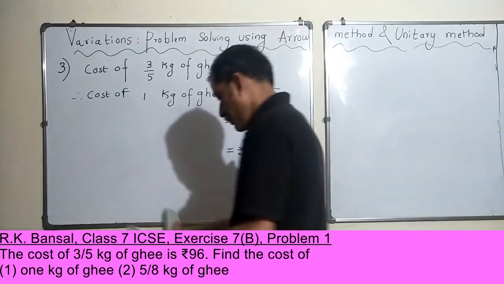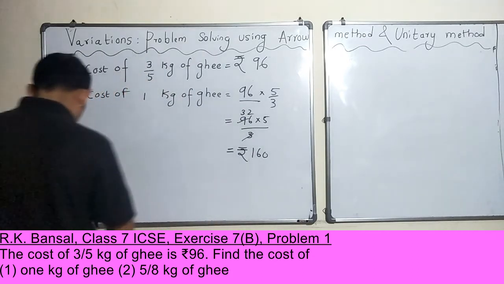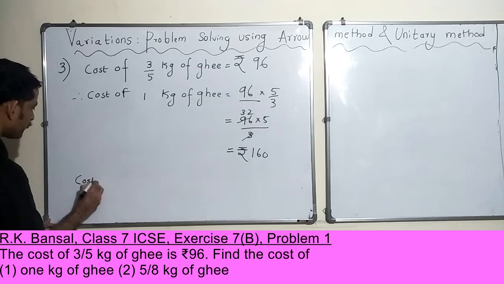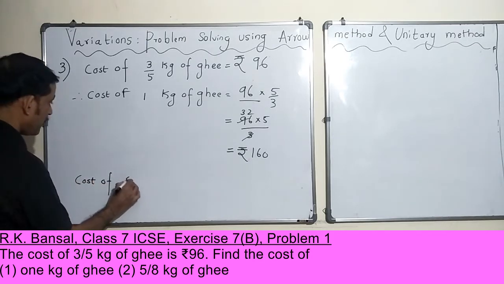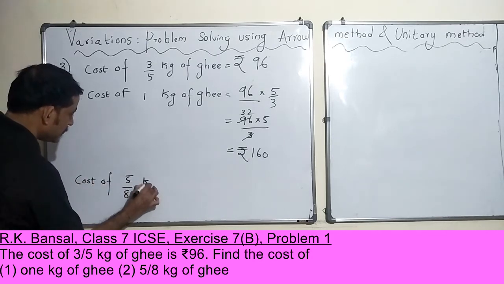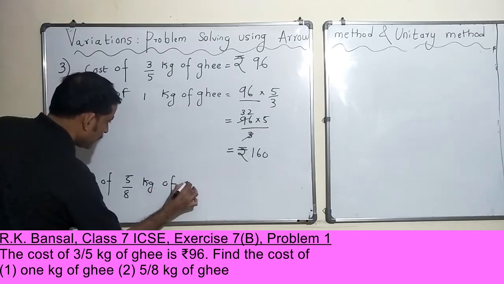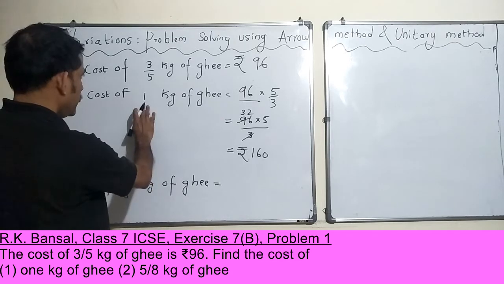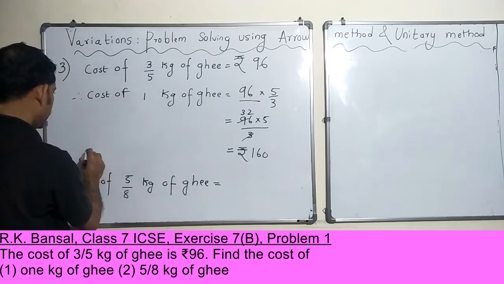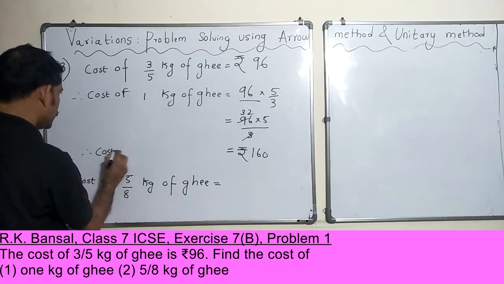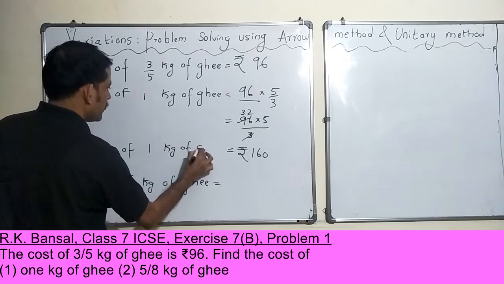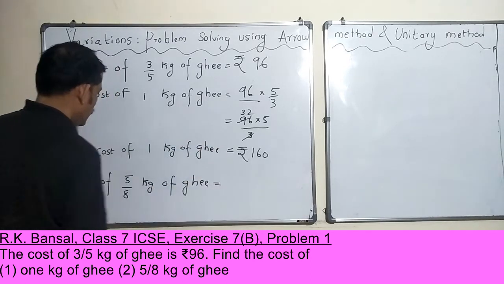All right. Now, the second question is, what is the cost of 5/8 kg of ghee? Okay. Now, cost of 5/8 kg of ghee is equal to, here it is 1. So, basically, therefore, let me write it, cost of 1 kg of ghee, right.